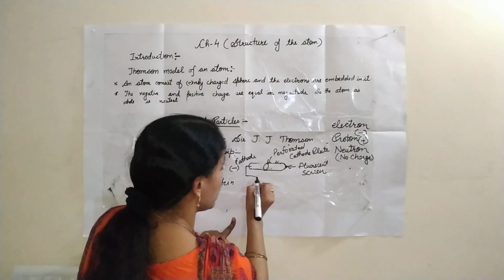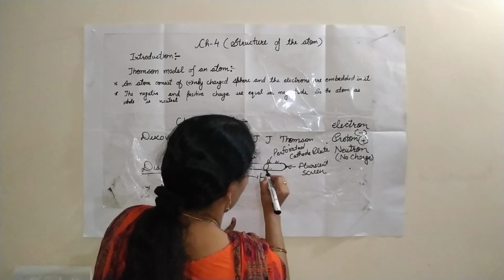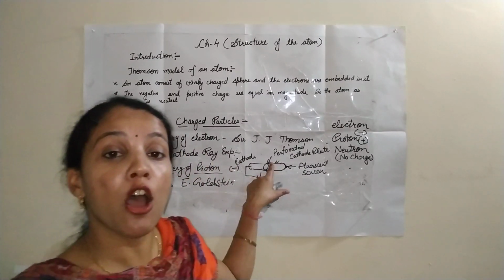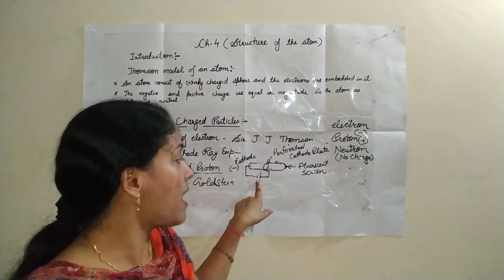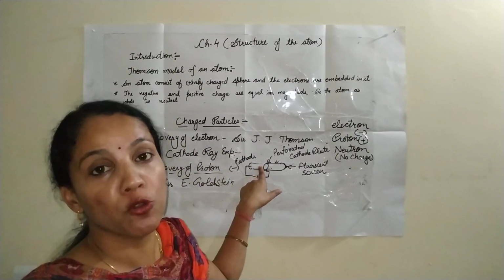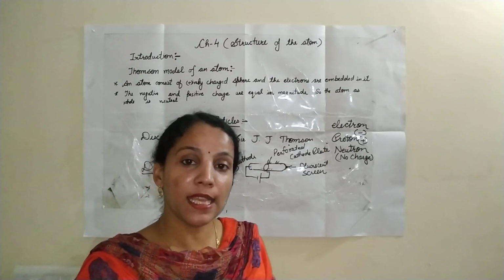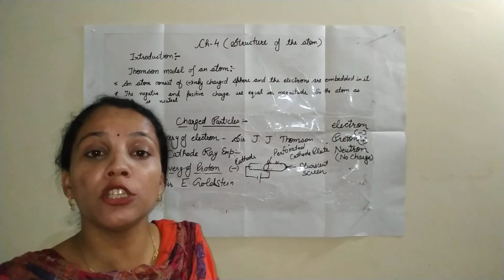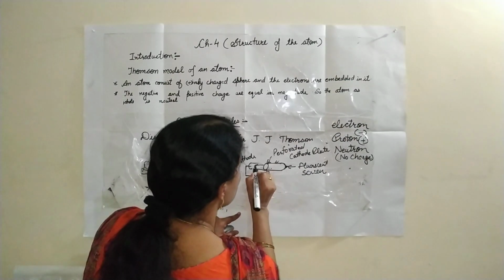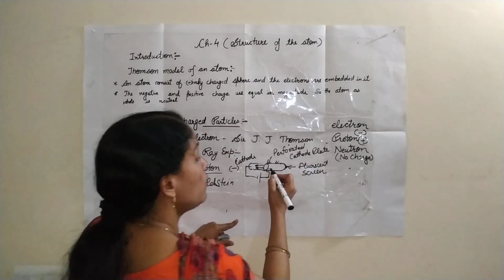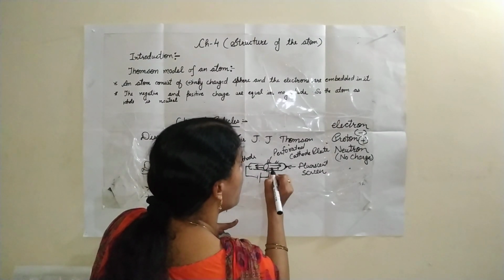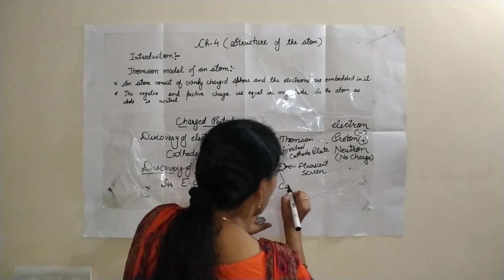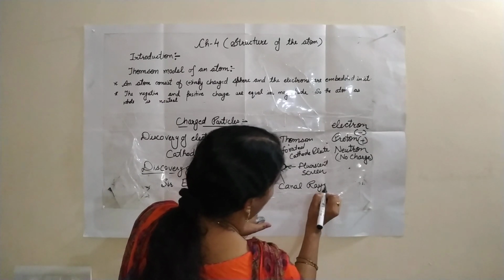Okay, now the connection is from this perforated cathode plate. Now what he observed, when the charge is passing through this tube, is that rays come from the tube that are just opposite of cathode rays. If cathode rays are moving on this side, now the rays are moving on the opposite side, and he called these rays canal rays.